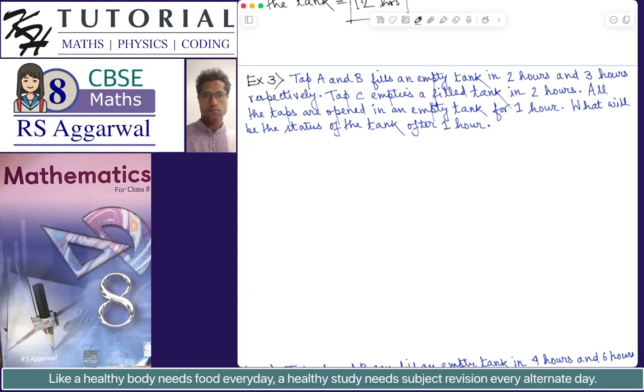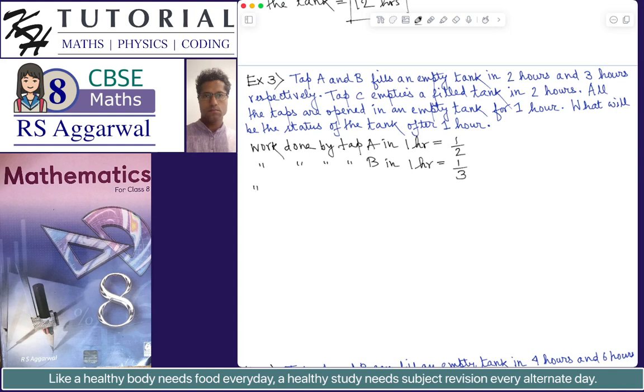Okay. So now we see the work done by tap A in 1 hour. Since tap A fills the tank, the work done by tap A in 1 hour will be positive 1 by 2. Similarly, work done by tap B in 1 hour will be equal to positive 1 by 3, since tap B is also an inlet, that is, it is filling the tank.